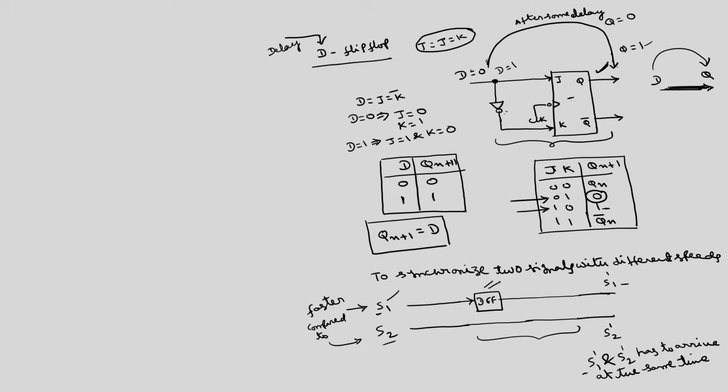In addition to this, we have some other applications of D flip flops. We can use this D flip flop in shift registers. In order to construct the shift registers, we need D flip flops.